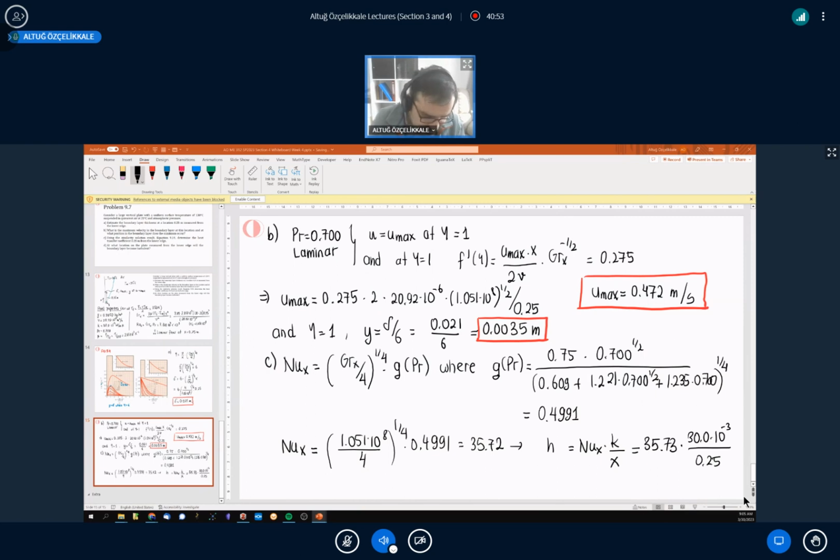So what we obtain as h is, what value do you think? In the previous problems, when we were solving example problems in internal flow, we obtained h values like thousands or even 10,000, something like that, right? But here we obtain h values on the order of 5, at most 10, if not less. So free convection is quite weak in actually facilitating heat transfer. That doesn't make it less important than forced convection.